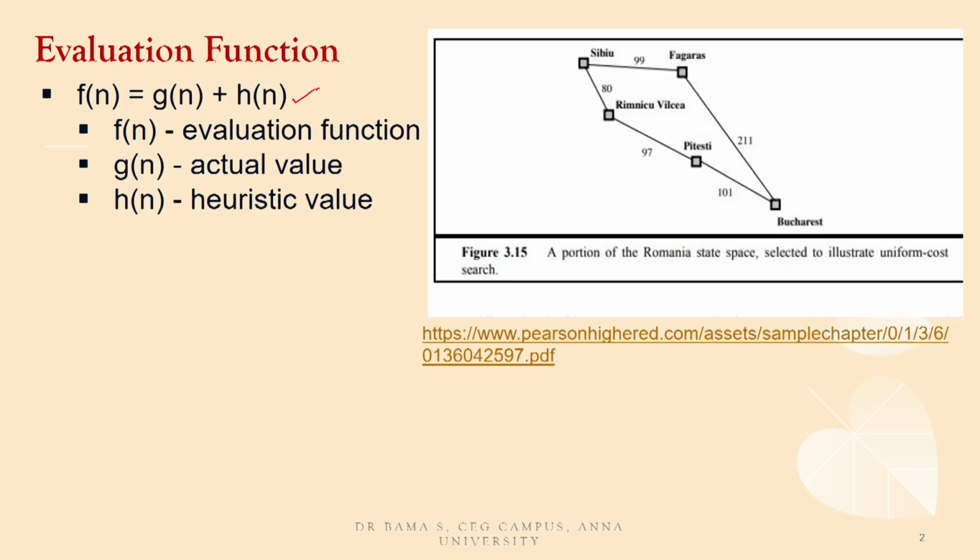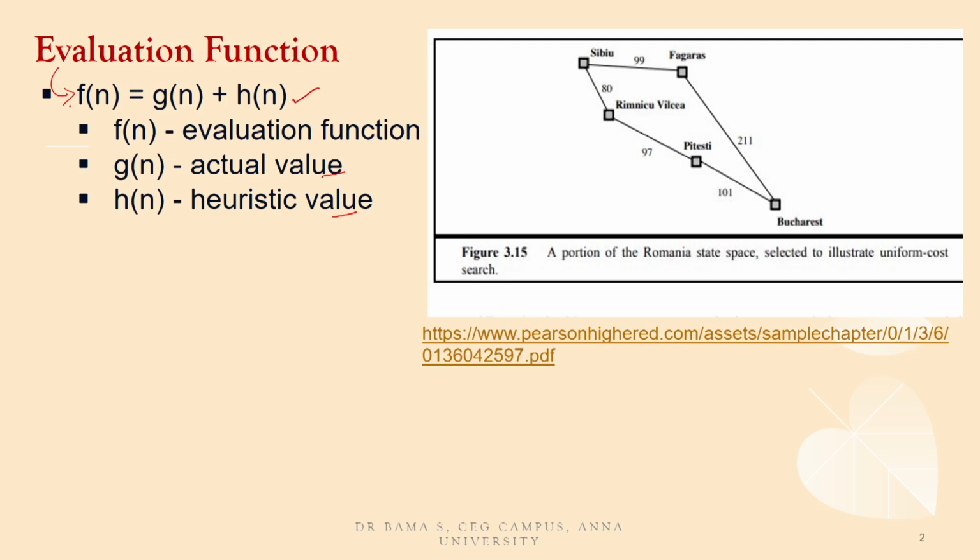Now, again a quick revision on the evaluation function. This is a book example where we see on the right a part of the map of Romania, and the evaluation function on the left is given as f of n equals g of n plus h of n, where g of n is the actual value, h is the heuristic value, and f stands for the evaluation function.